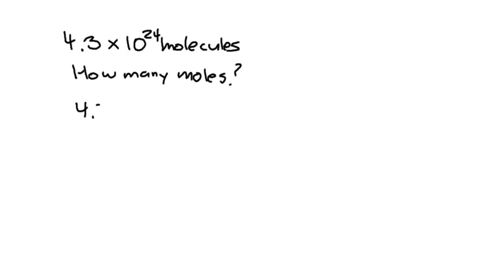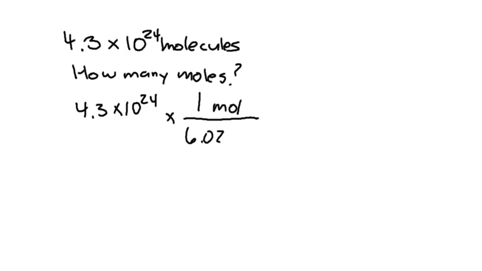Okay, so I have 4.3 times 10 to the 24 of something, and I'm trying to get how many moles. So I'm going to have 1 mole on top and 6.02 times 10 to the 23rd on bottom. So I'm trying to get how many moles. So I need moles to be in the numerator here. So what I'm going to do now is I'm going to take 4.3 times 10 to the 24 and divide by 6.02 times 10 to the 23.